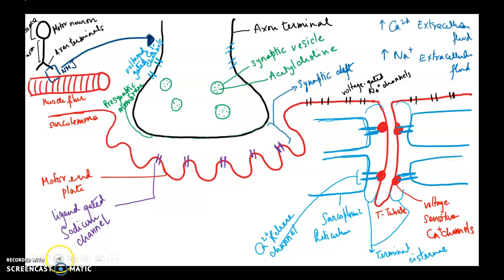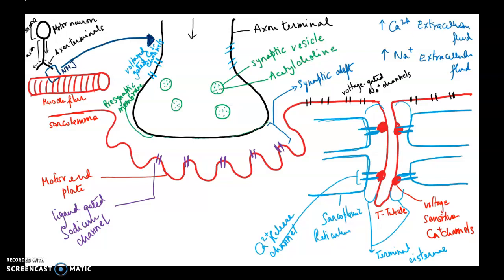The first thing is we will look at the motor neuron, which is here. The motor neuron starts firing an action potential. So the action potential travels down the axon, comes to the axon terminal, right? And if you look into the blown up picture, this is the action potential that reaches the axon terminal. Listen carefully.